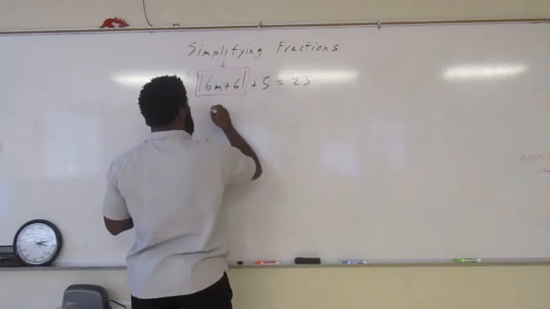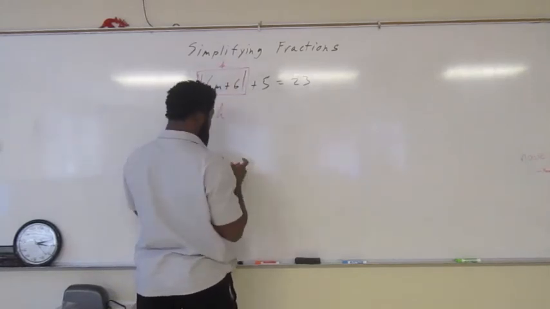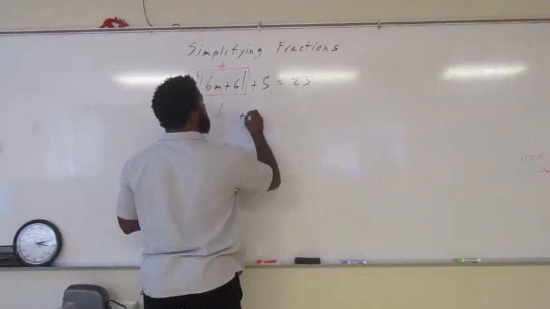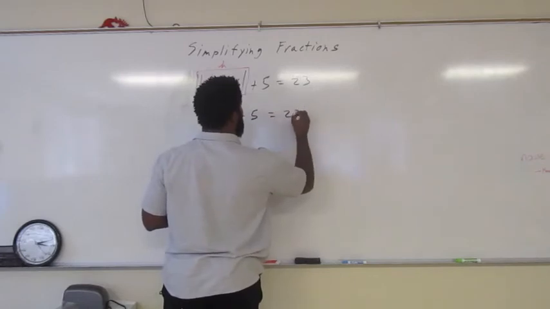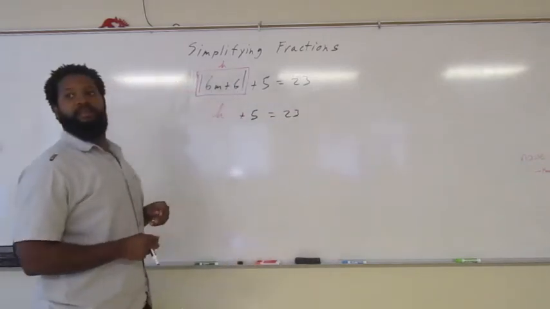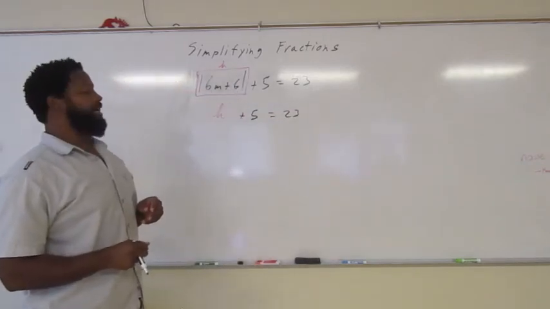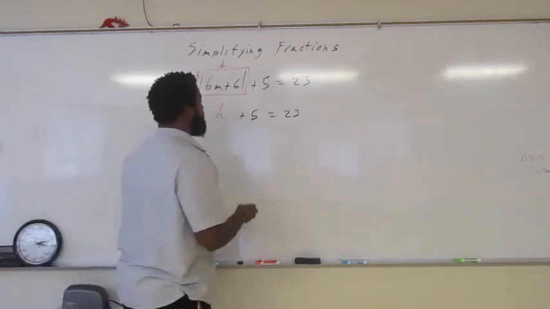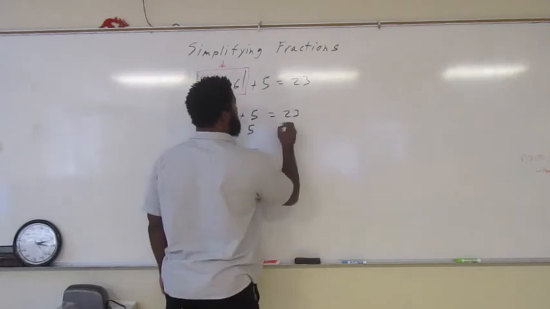Okay, so H plus 5 is equal to 23, right? How are we gonna get the H by itself? Subtract 5 from 5 and 23. Yes.